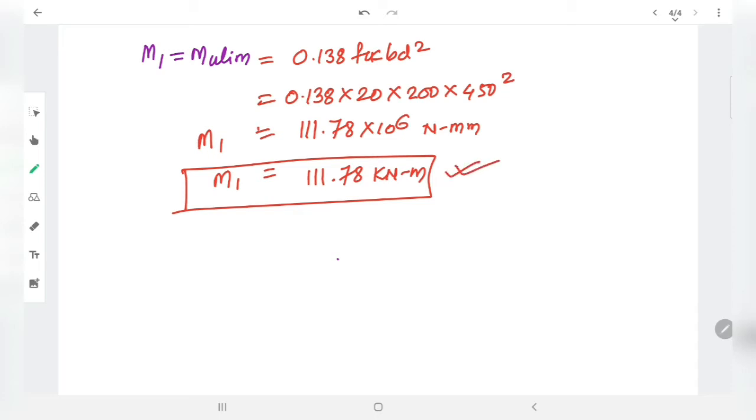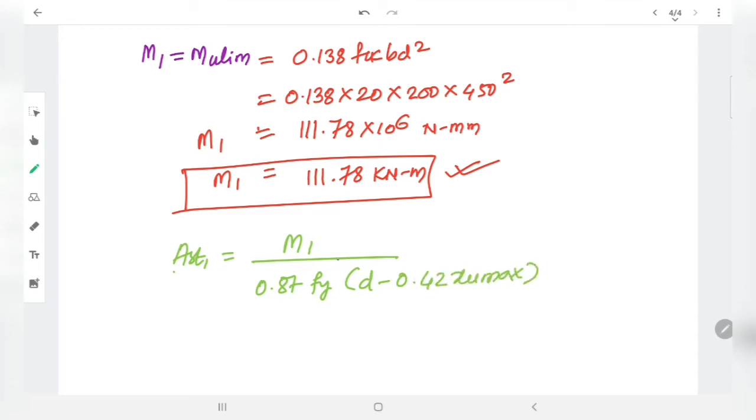Now that you have the value of M1, you can easily find the value of AST1. AST1 is equal to M1 divided by 0.87 fy into bracket d minus 0.42 xu max. Just go through the previous problem, where we have taken the equations also.